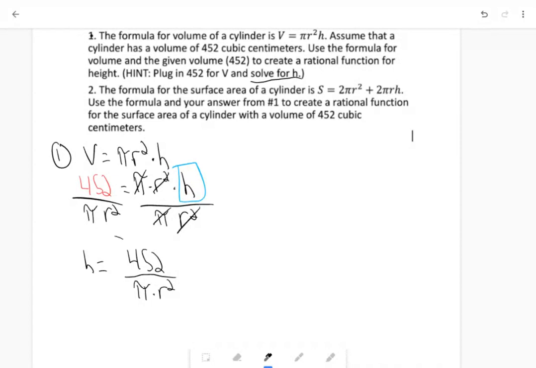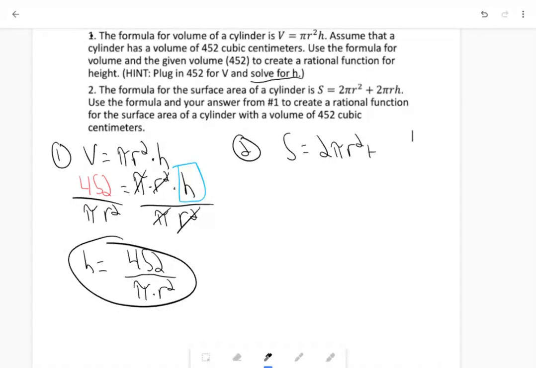So this right here is a rational function for height. H equals 452 divided by pi r squared. Number 2: the formula for the surface area of a cylinder is S equals 2 pi r squared plus 2 pi r h.